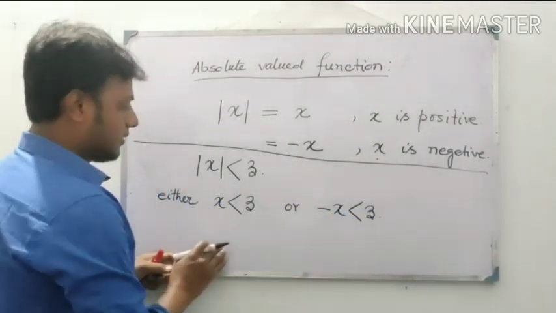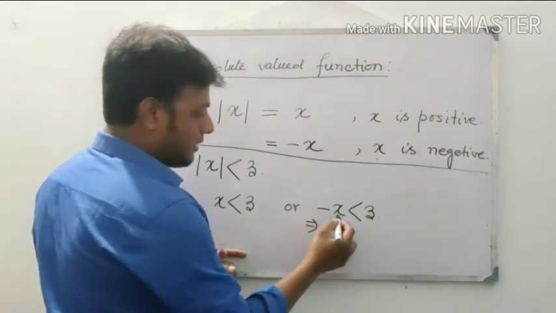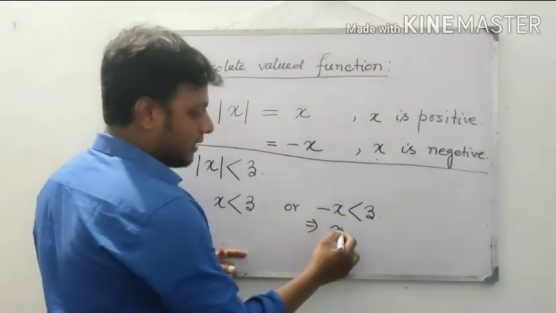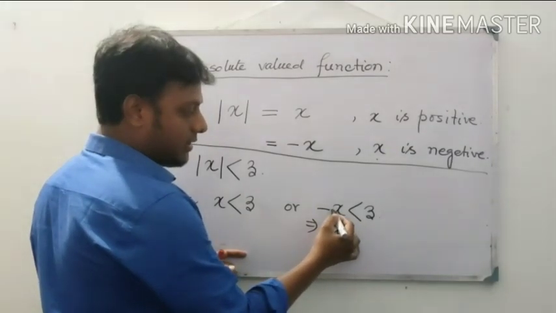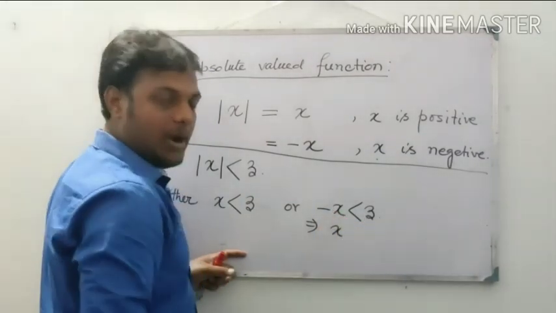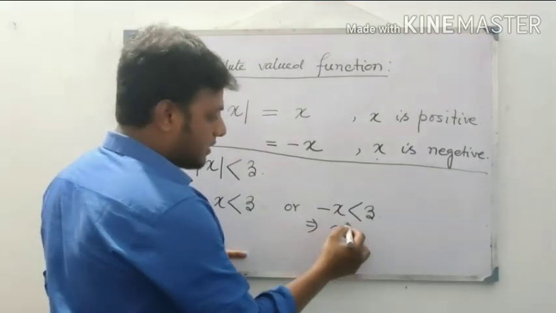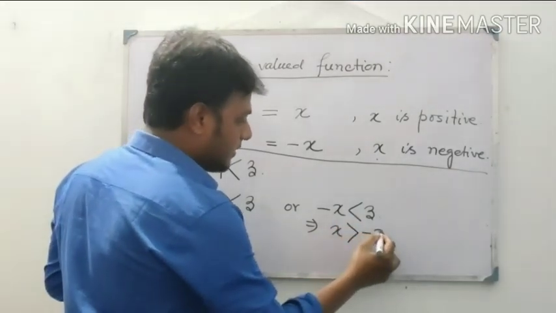This implies we have to solve it for x, so divide by minus 1. Minus 1 is a negative number, since the coefficient of x is minus 1, so the sign will be changed and it will be x greater than minus 3.